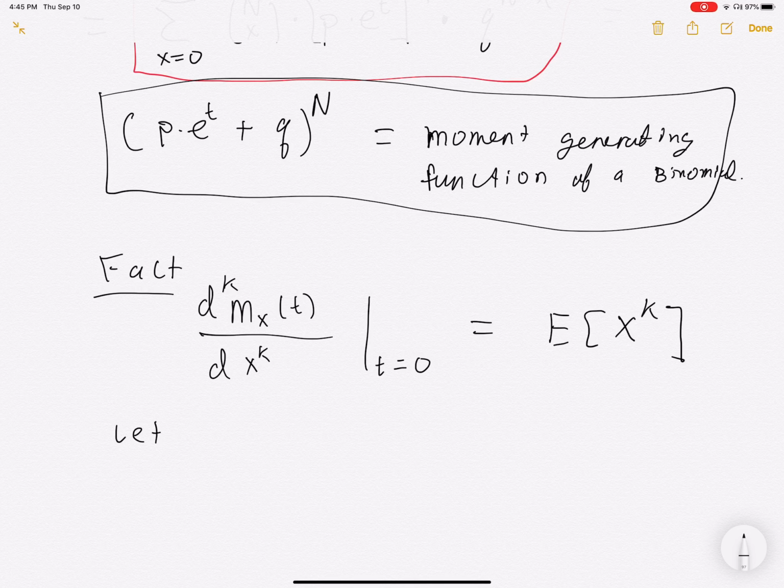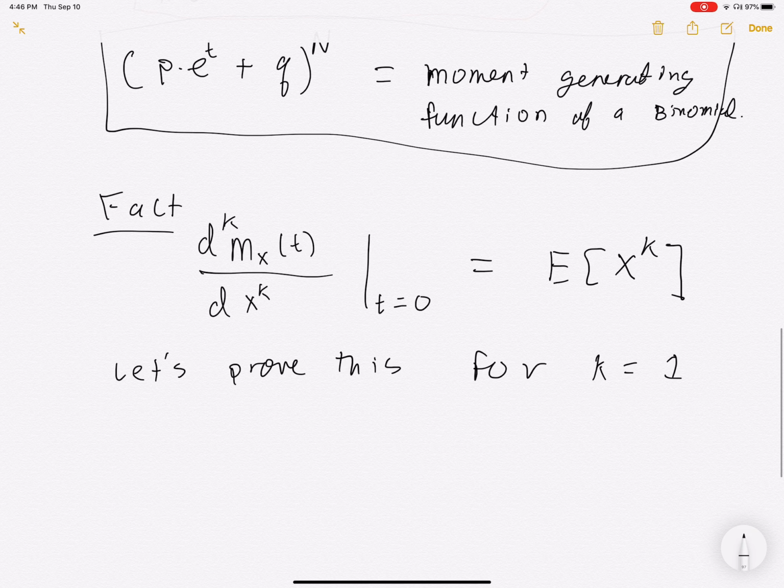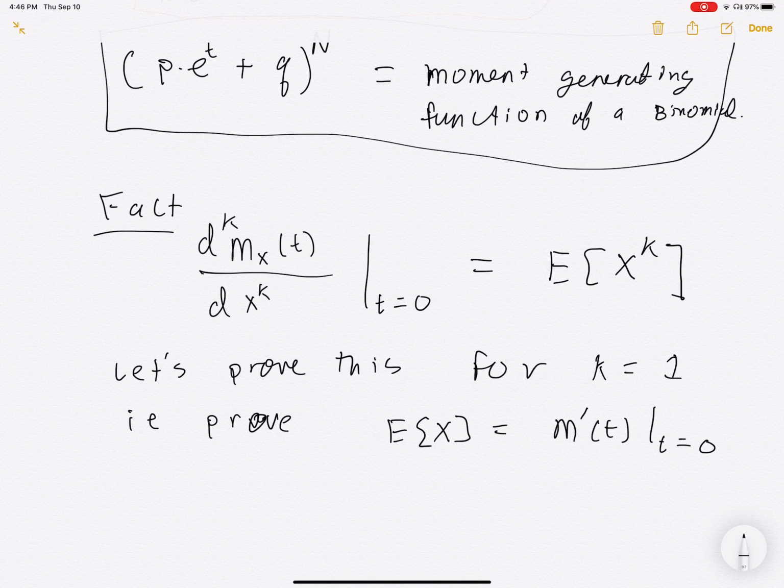Let's prove this for k equals 1, i.e. prove that E of X is the moment generating function taking its derivative and evaluating at t equals 0.